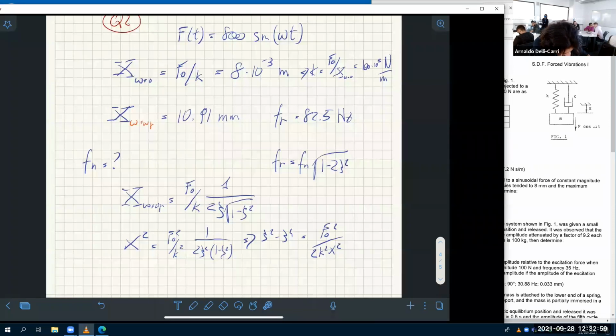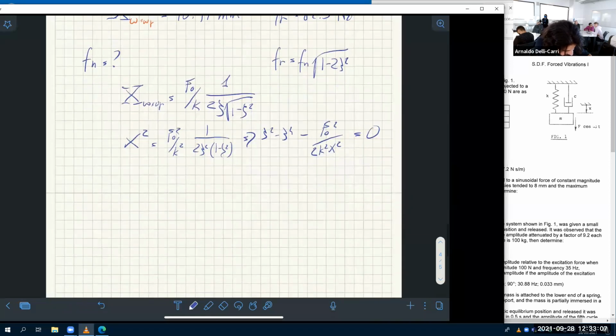So let me put this on this side. And so I can rewrite this equation as zeta to the power of 4 minus zeta squared plus this thing, which is just a number, equals 0.